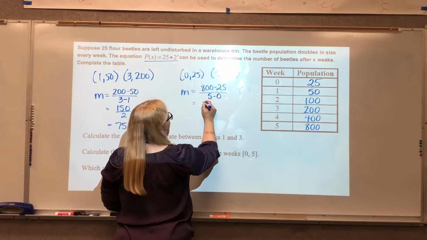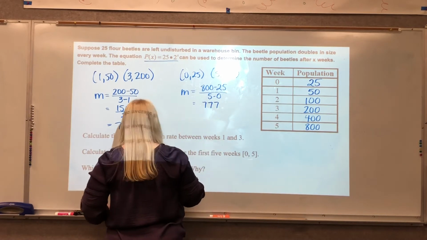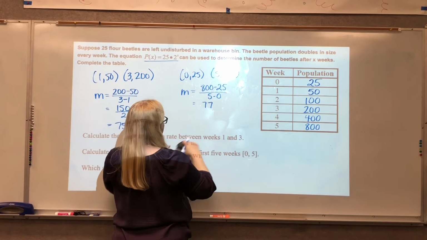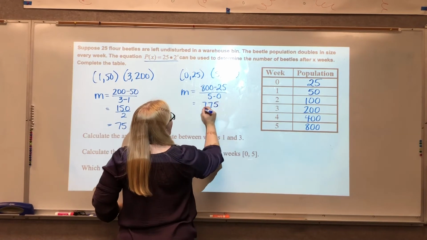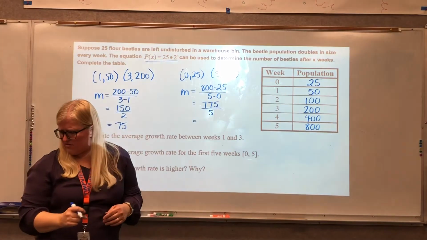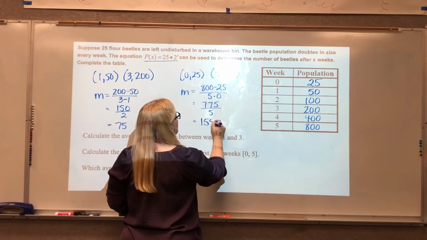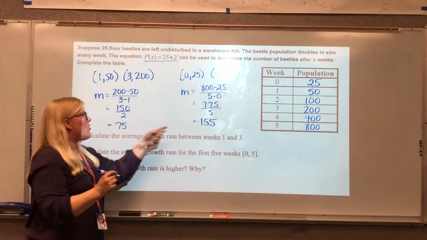So this is 775 over 5, which gives me 155. So this is significantly more.